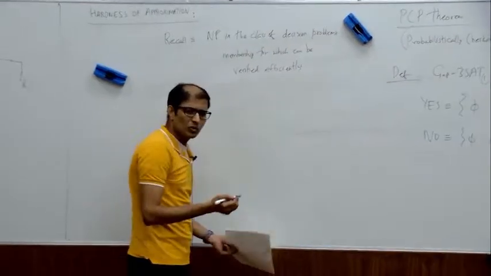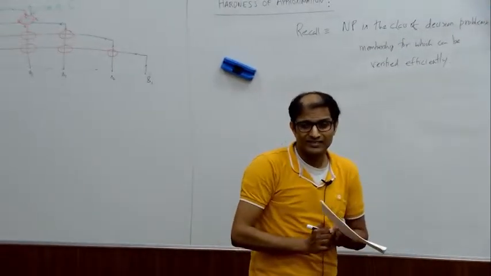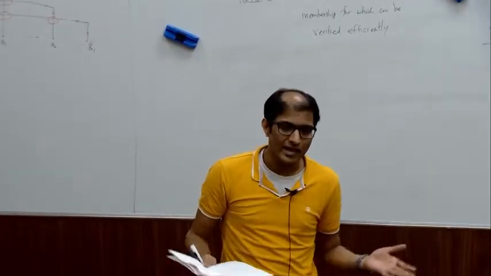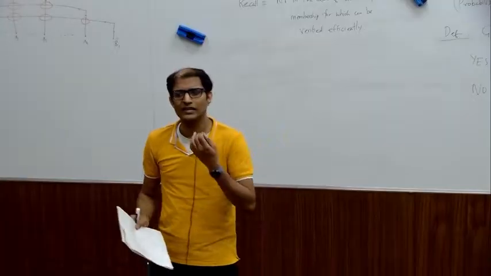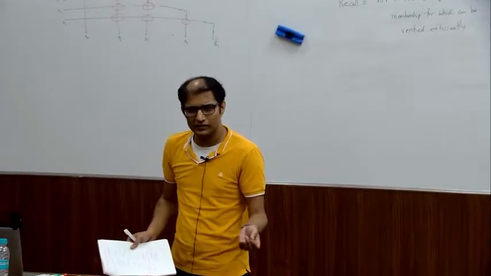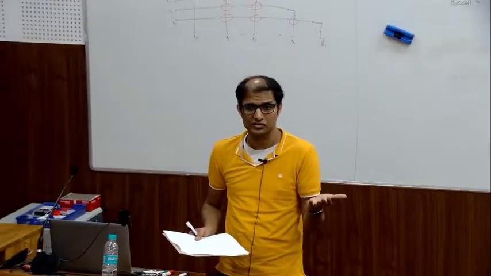So you give me a proof, I can verify it, but if you ask me to come up with a proof, I'm having a hard time, right? So for example, you could give me a 3-SAT instance and a satisfying assignment for that. I can verify that this assignment in fact satisfies the 3-SAT instance, alright?